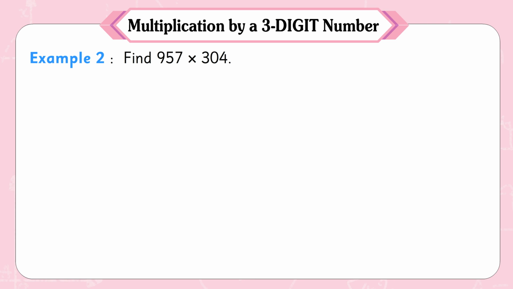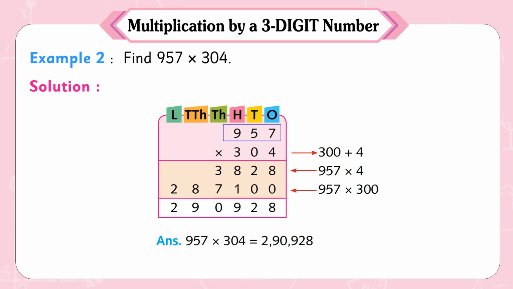5,37,000. Example 2. Find 957 into 304. Solution. 957 into 304. 304 is 300 plus 4. 957 into 4 is 3,828. 957 into 300 is 2,87,100. The sum is 2,90,928.